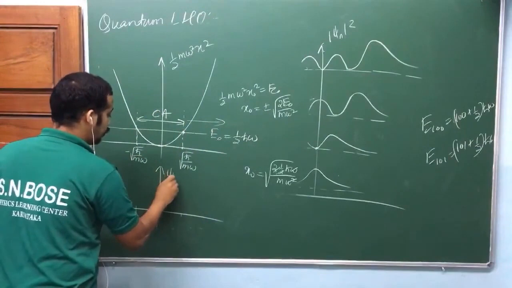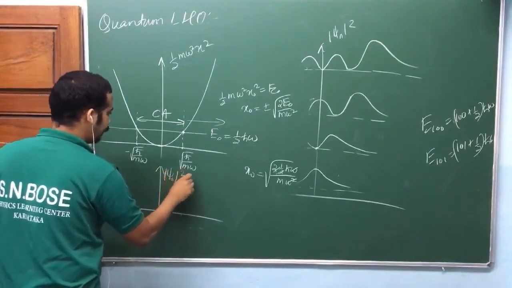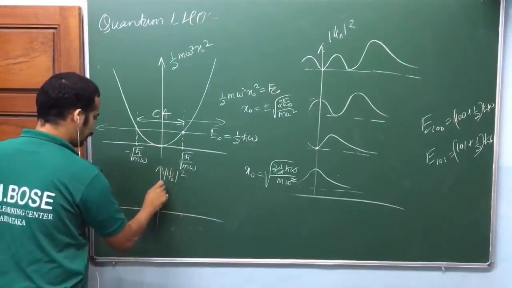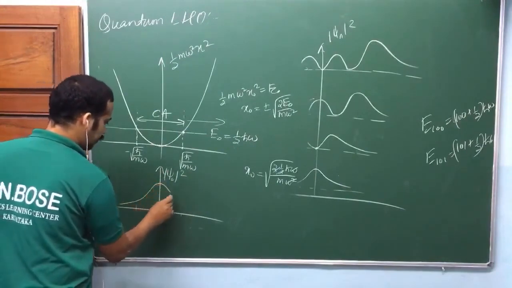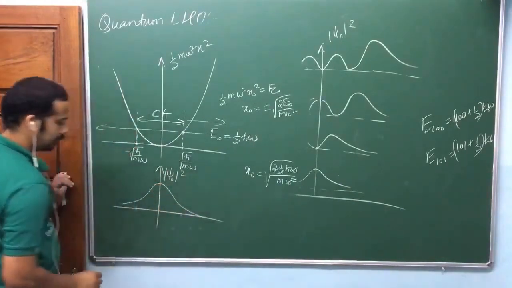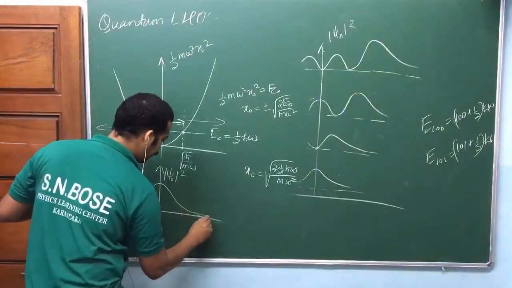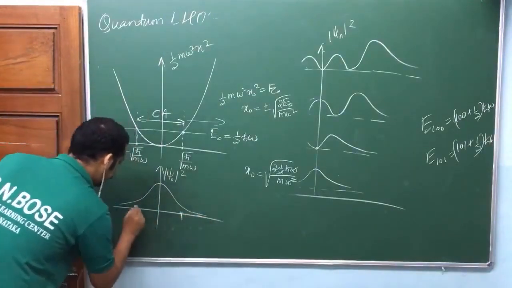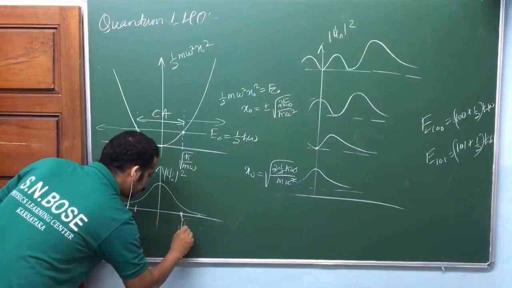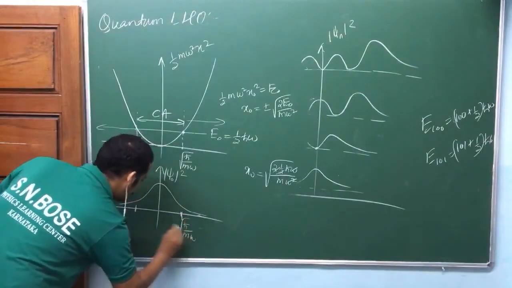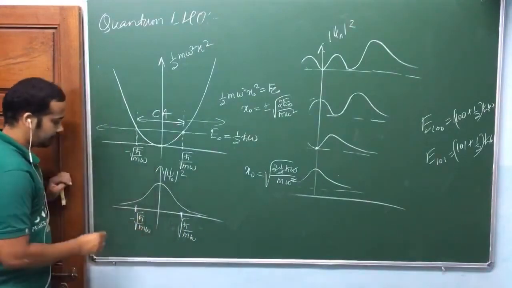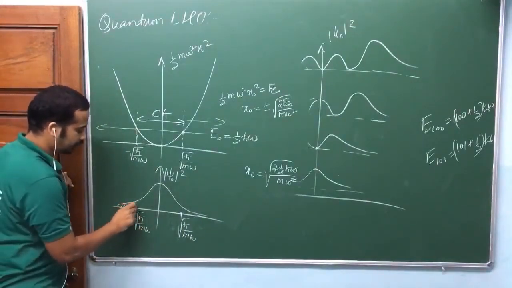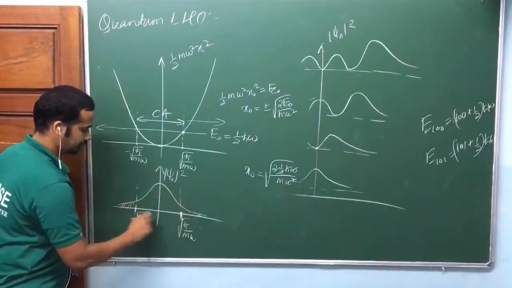But look at the mod psi square, look at here. You have a finite probability of finding the particle between root of h bar by m omega and minus root of h bar by m omega, and you also have a probability of finding the particle outside the classically allowed region.